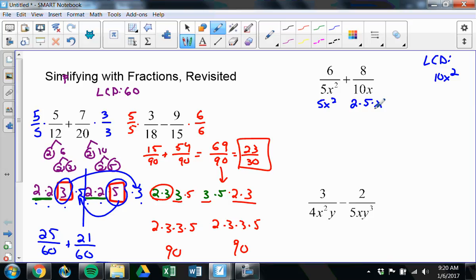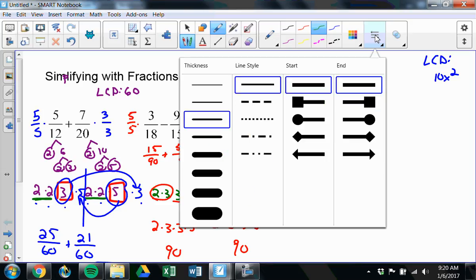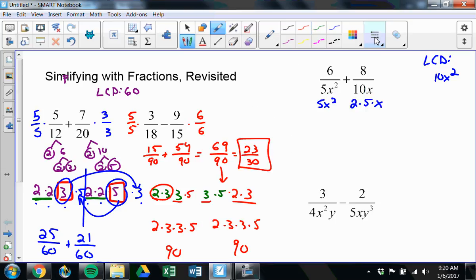So I look and see what does one side have that the other needs. The left side has x squared, so the right side needs another x. The right side has a 10, so the left side needs a 2. Now they both have 2 times 5 times x times x. They both have 10x squared. That was my lowest common denominator.